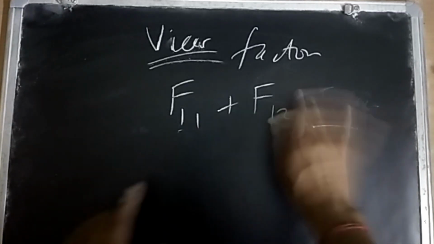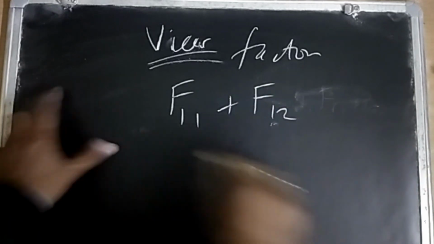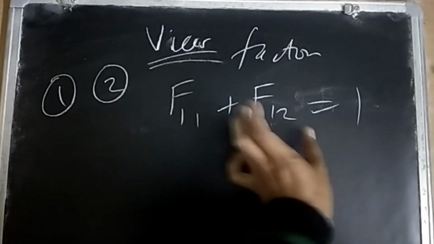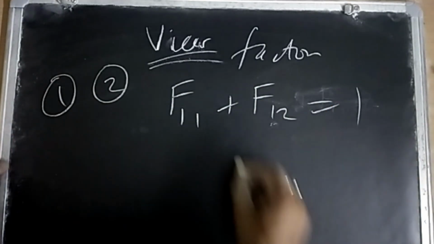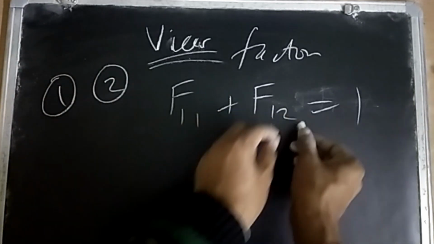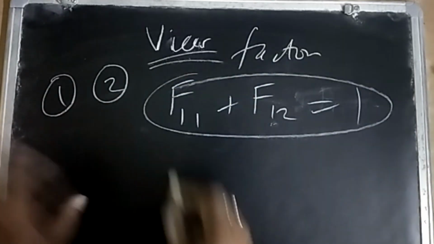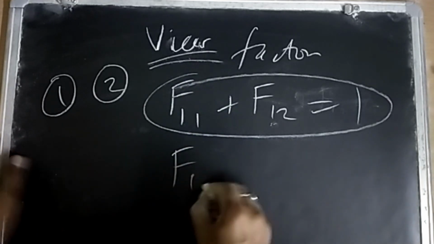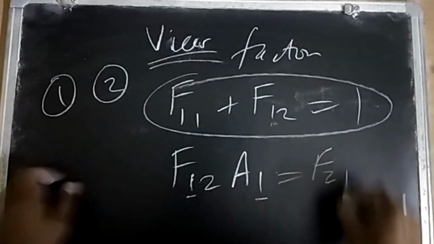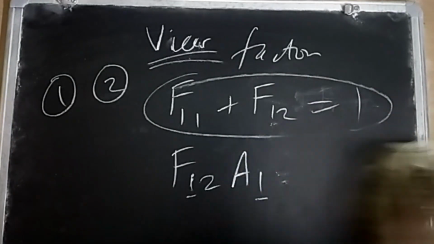If there are two bodies, 1 and 2, these are fractions, so the total will be 1, because the total heat coming from 1 goes to 1 and 2, since only two bodies are present. This is one formula. The other formula is F12 times area of 1 equals F21 times area of 2. Okay, these two are the important formulas.